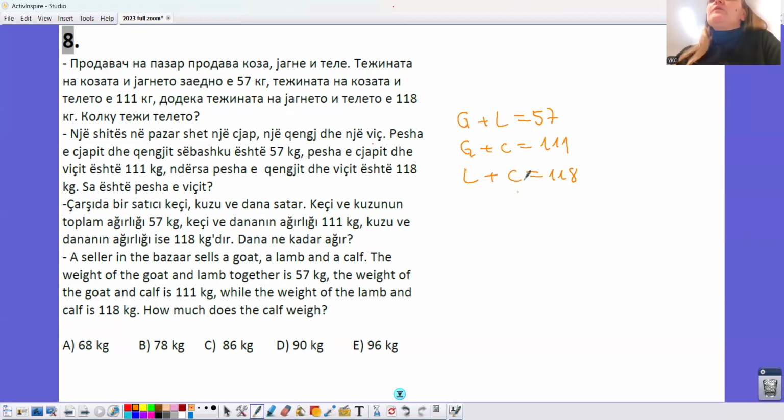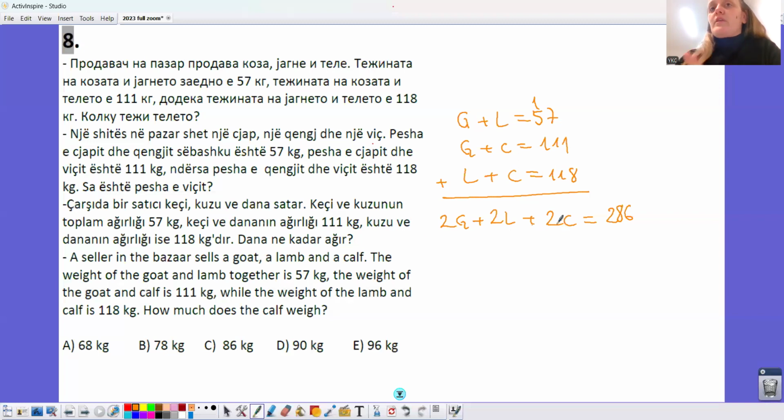So as you can see here, we have 3 equations with 3 unknowns. If I add all of them, we will have 2G plus 2L plus 2C equal to the addition of these numbers: 8 plus 1, 9 plus 7, 16, 1 in mind; 1 plus 1, 2 plus 5, 7, and 1 in mind, 8; and 2, so 286.